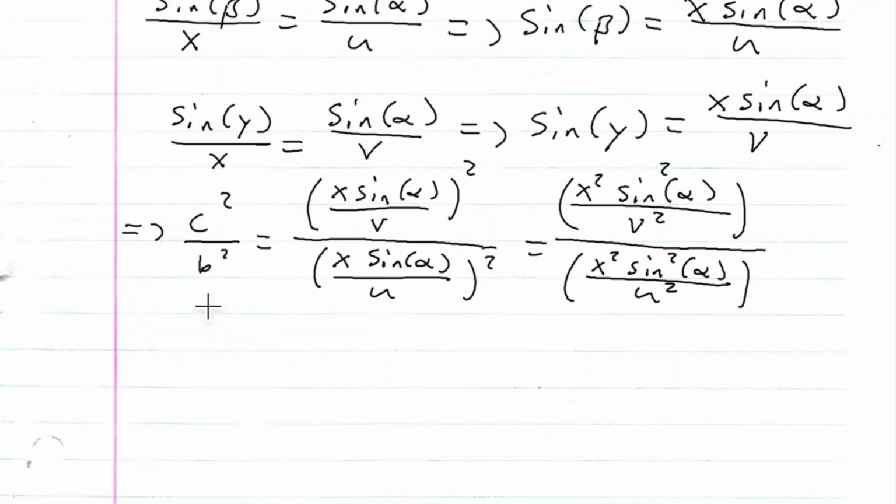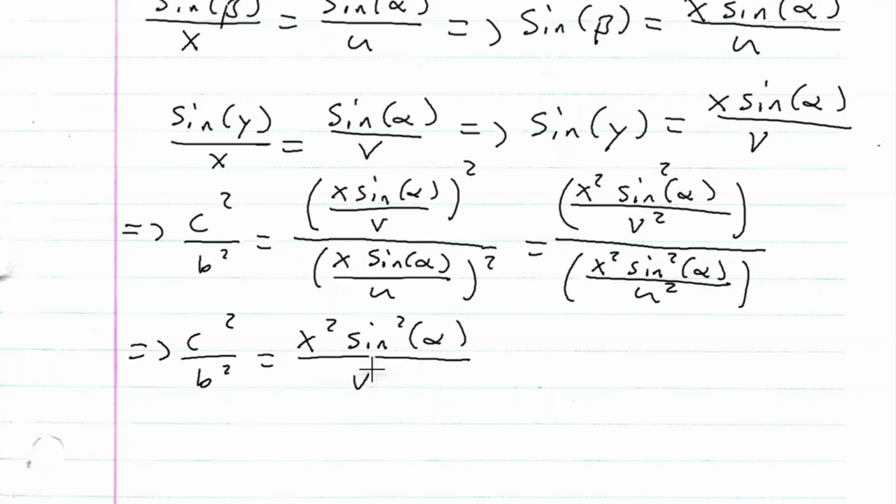And then this is the same thing as c squared over b squared is equal to x squared sine squared alpha over v squared times, so remember when we divide by fractions, we keep the numerator and multiply by the reciprocal of the denominator. So it's going to be u squared over x squared sine squared alpha.